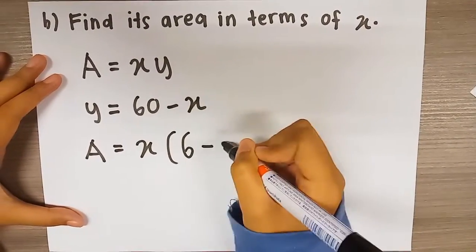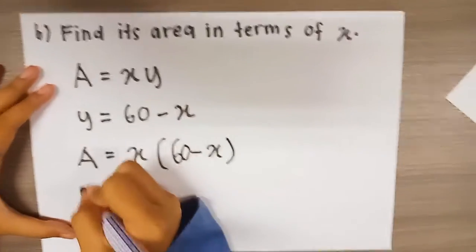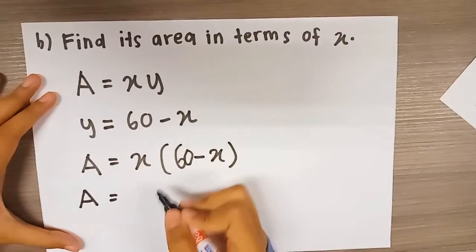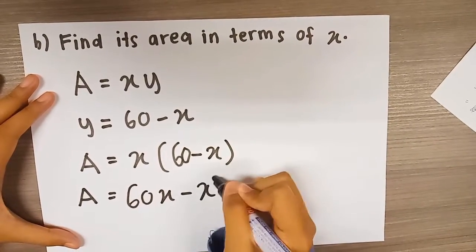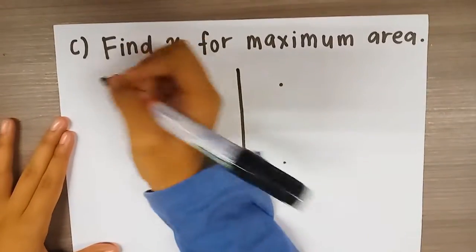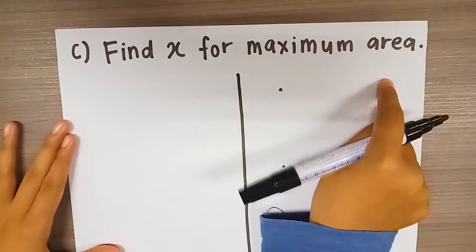So we get the area formula, 60x minus x². For question C, find x for maximum area.